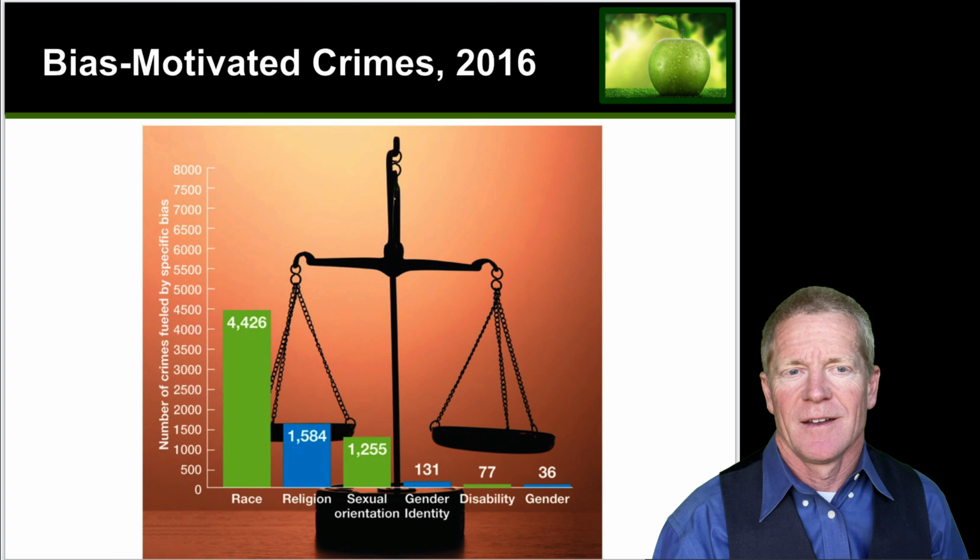Bias-motivated crimes are a big problem regarding homicides and violence. Racially motivated bias is by far the largest cause of bias-motivated crimes, followed by religious and sexual orientation bias and gender identity bias.